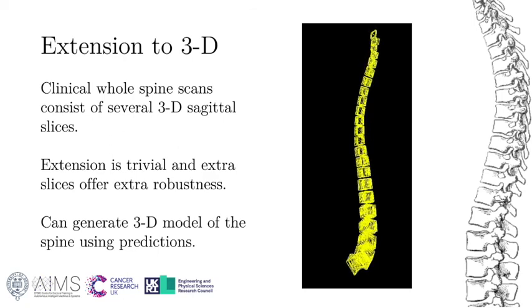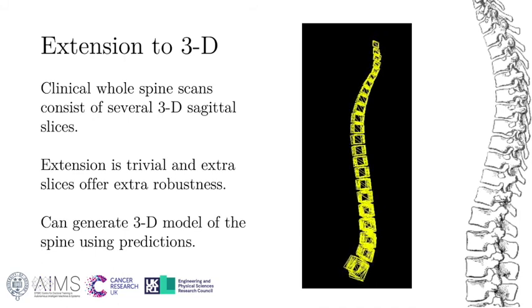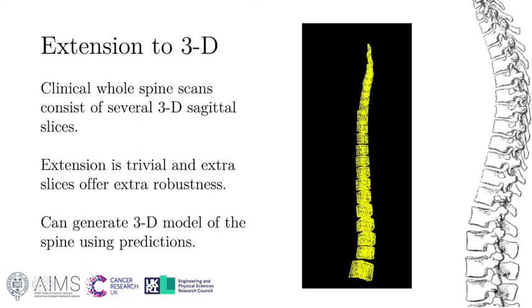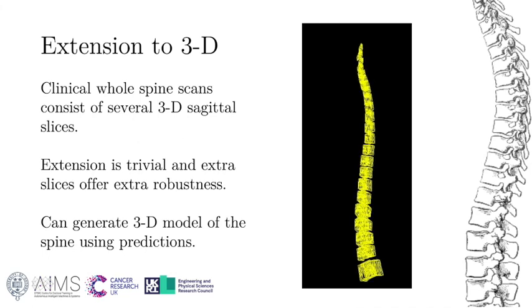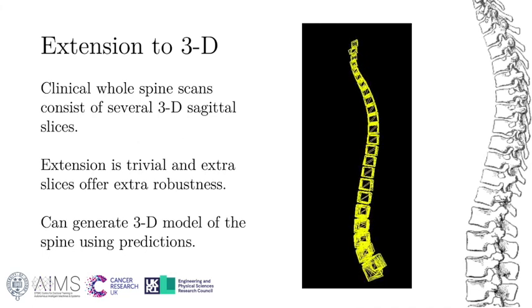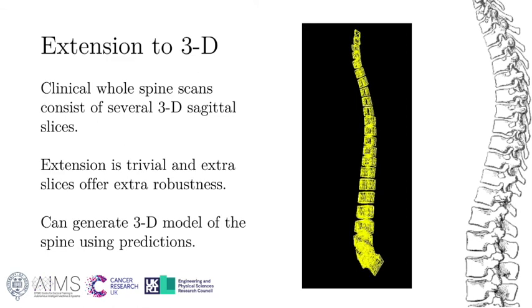If there is a large divergence at a certain level, then we assume that the vertebra is no longer visible in this slice and we discard all other predictions in that slice above that level. By doing this, we can build up a 3D model of the spine, as shown on the right here. This extension actually offers extra robustness because it gives us multiple estimators of the location of each vertebra.